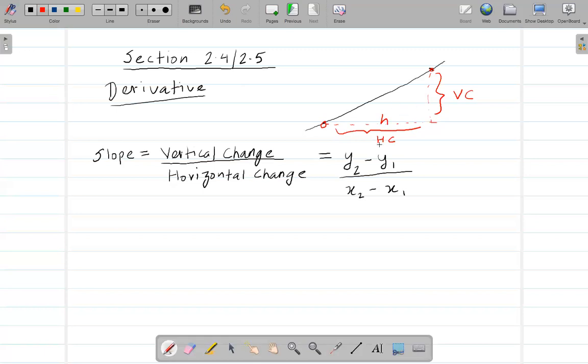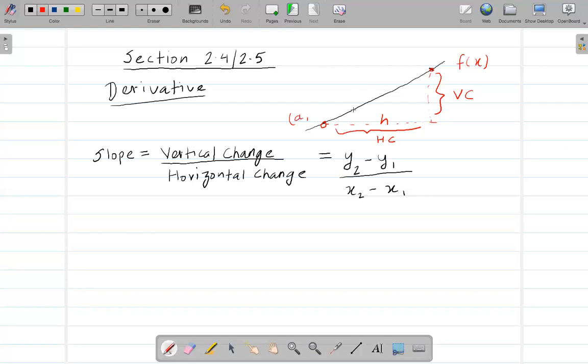Now, first let's name this line the f of x line. Let's say this point here has x value a.